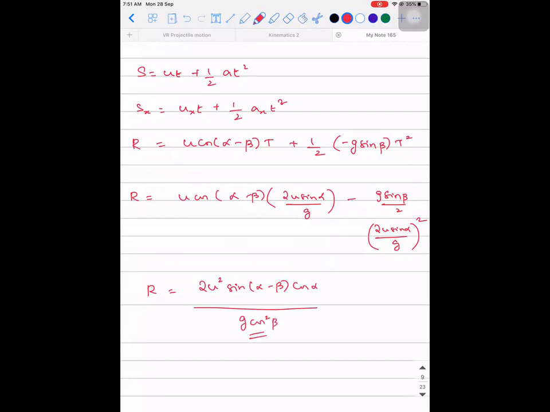Okay. So 2u square sin alpha minus beta into cos alpha divided by g cos square beta. So this is the formula for range of a particle which is projected in the upward direction on an inclined plane.